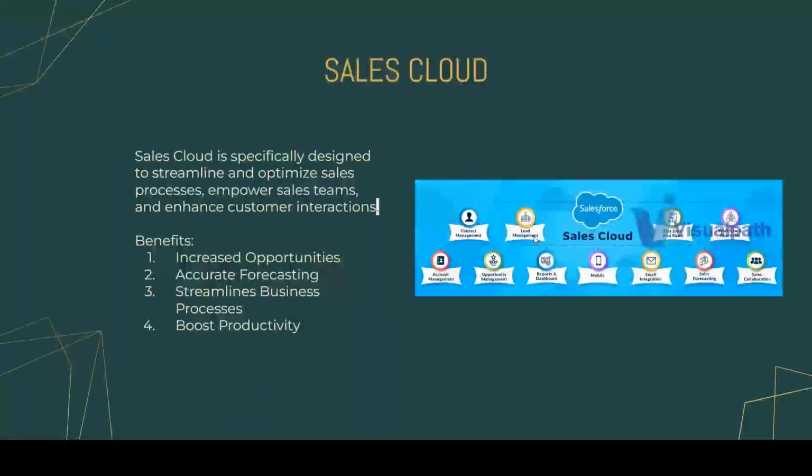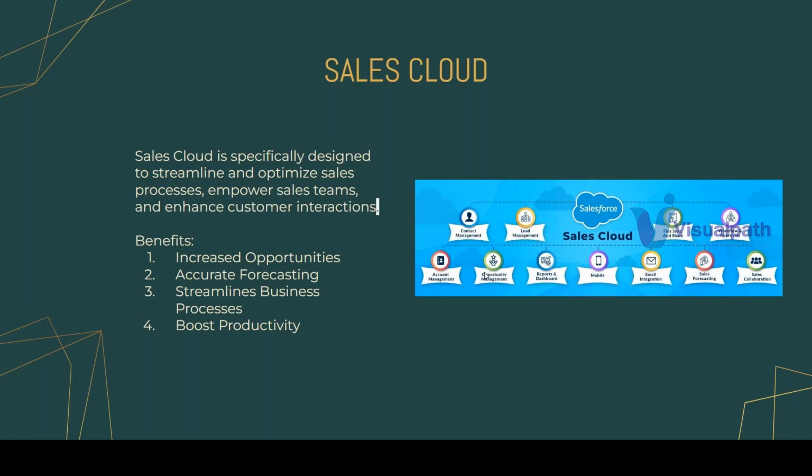So how you will manage those leads, and how you will manage the contacts, the existing customers in your system, right? Then if you want to automate certain processes, that will be done using workflow and approval process. Now flows are also coming into the picture, so those can be done. Account management: accounts are basically the organizations with which you are dealing with your product, right?